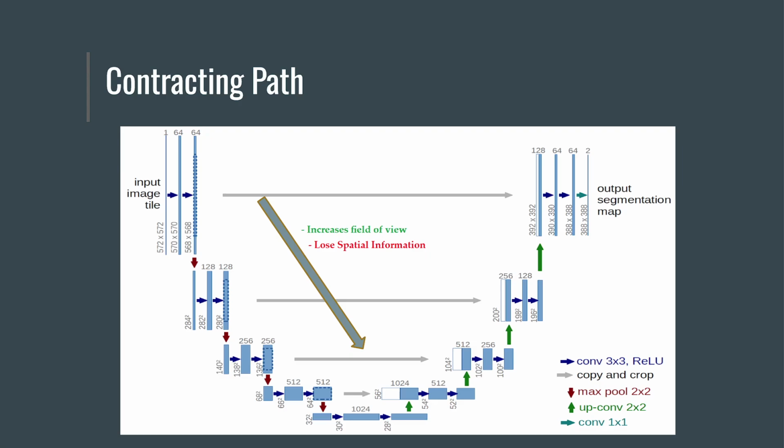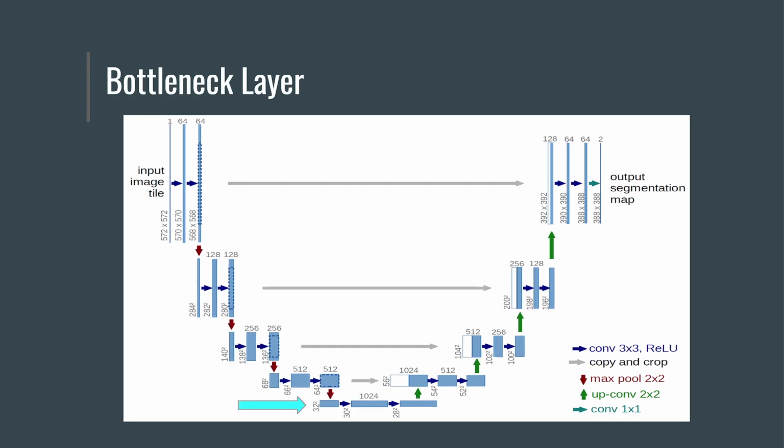After doing the contracting part, it will reach the bottom part, which is mainly known as the bottleneck layer. The bottleneck layer basically works as a bridge. It connects the encoder part and the decoder part of the UNet architecture. This part mainly focuses on high-level features of the image without worrying about its size or fine details.